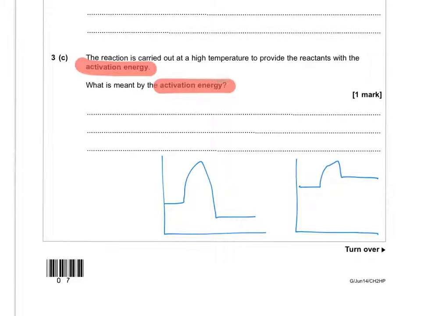This is what we've always called the activation energy, but we've got to explain what it is, and this is straightforward recall, and it is the energy, the minimum amount of energy the particles need in order to start the reaction.